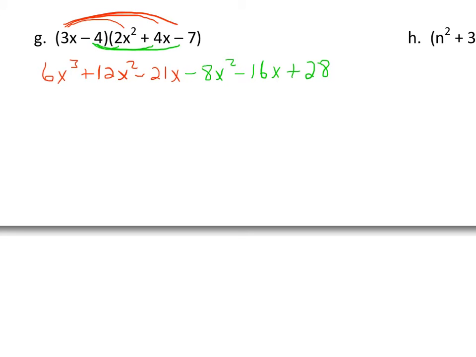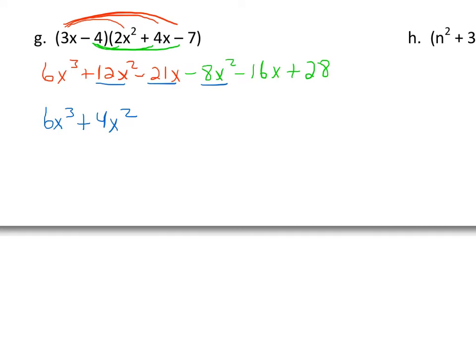Once that's done, look at your terms, see if there are any like terms, and finish your answer by putting it in proper standard form. Now when we look at this, we have only one cube power, so that should be first. We have two x squareds, so positive 12, negative 8 added together gives us a positive 4x squared.